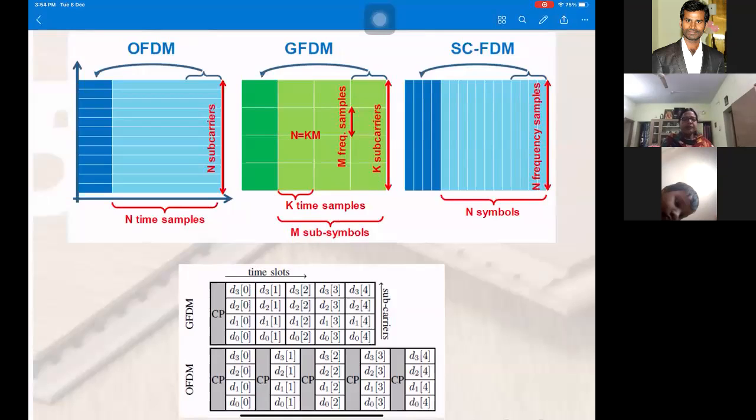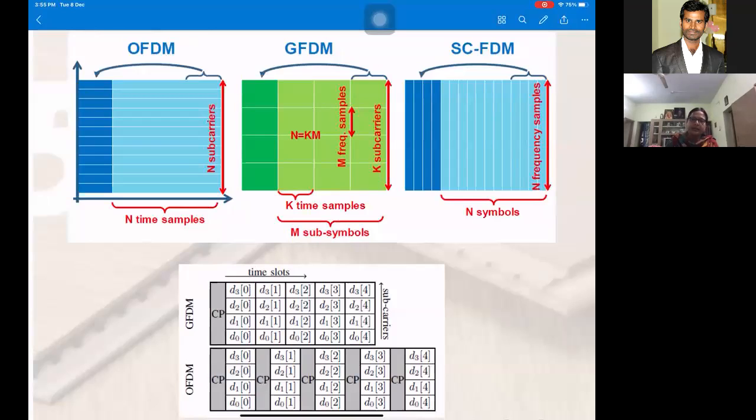Then coming to frequency division multiplexing. So what is frequency division multiplexing? On each frequency, we send different data, right? So if you look along the vertical axis, we have the cyclic prefix in blue color, and in light blue there are the subcarriers. So in all these subcarriers, I am sending N symbols.